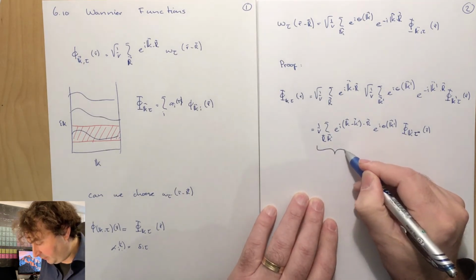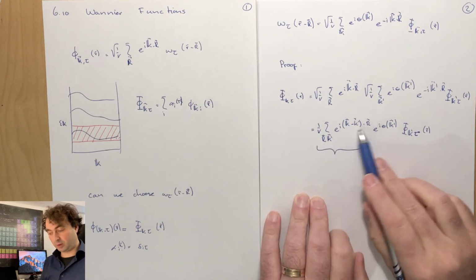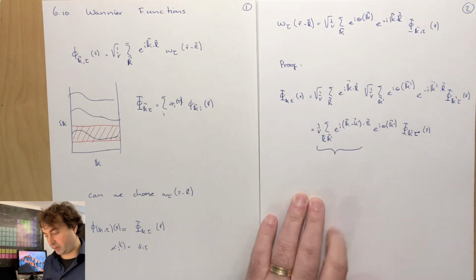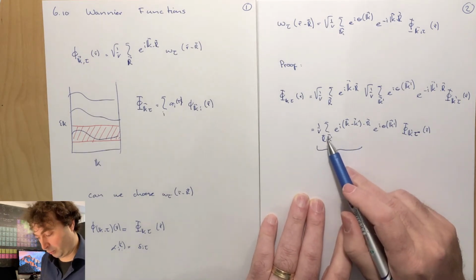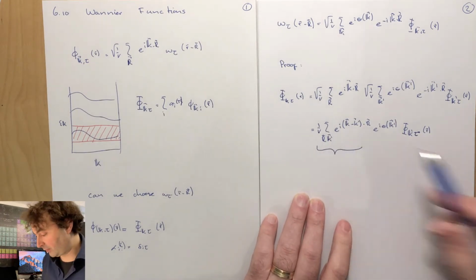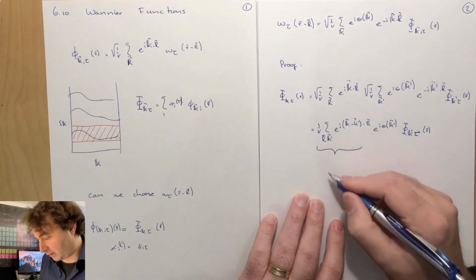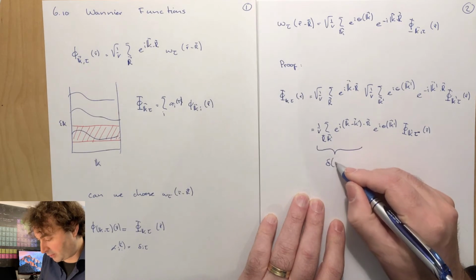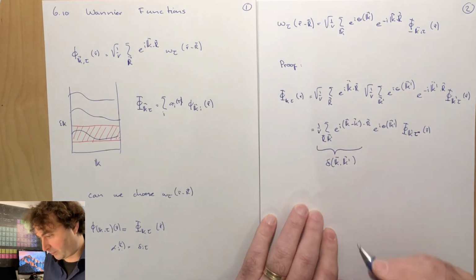What we have here is a function that oscillates. You sum over all r, so only when k is equal to k prime is this going to contribute. At that point it is 1, it is a sum over the entire volume, so 1 over V times this sum is exactly 1, so this is just the delta function between k and k prime.